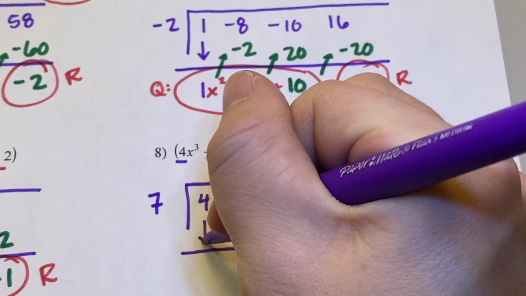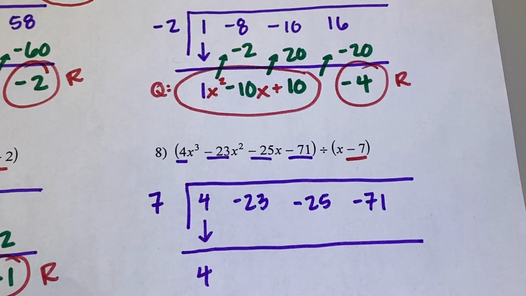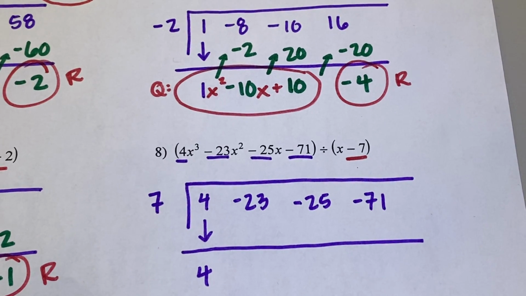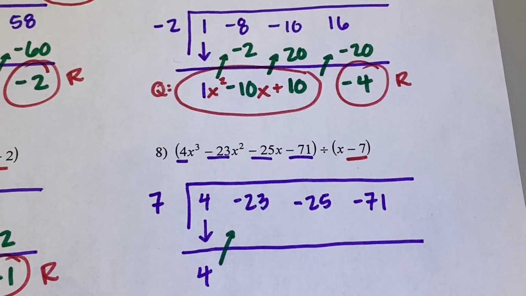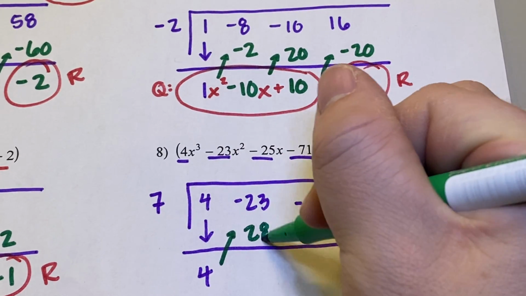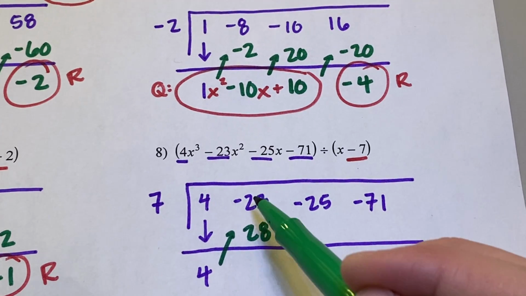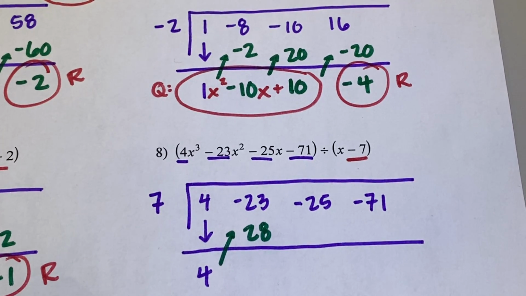Draw your line and drop your first guy. Okay, first thing, we're multiplying when it's on the outside. What is 7 times 4? What's going to go in my next little spot? 28. On the inside, we add or subtract, meaning what's negative 23 plus 28, because it's positive.